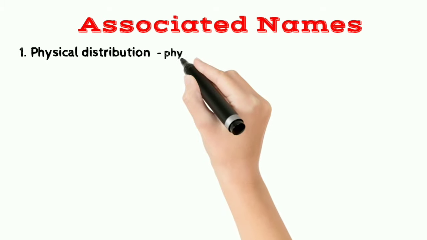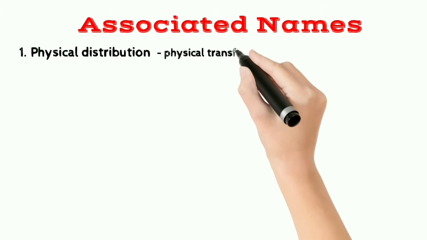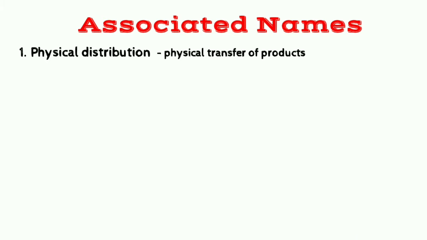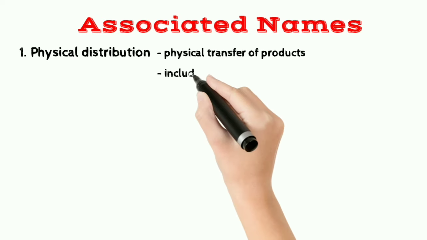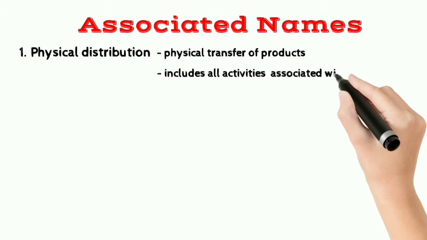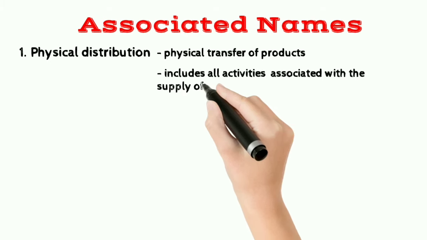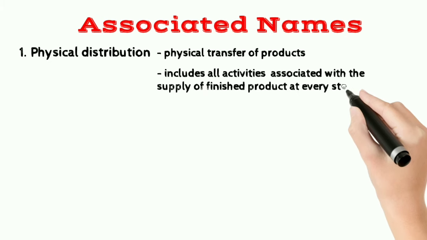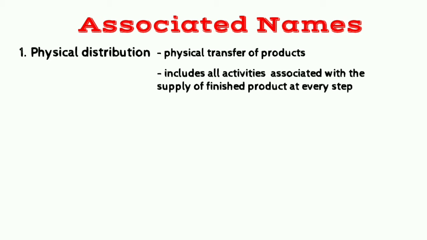When we say physical distribution, this is the physical transfer of products from one business or entity or person to another. Meaning to say, lahat ng activities na associated sa supply ng finished product natin at every step ay included sa physical distribution. At every step means from the production line to the consumers.